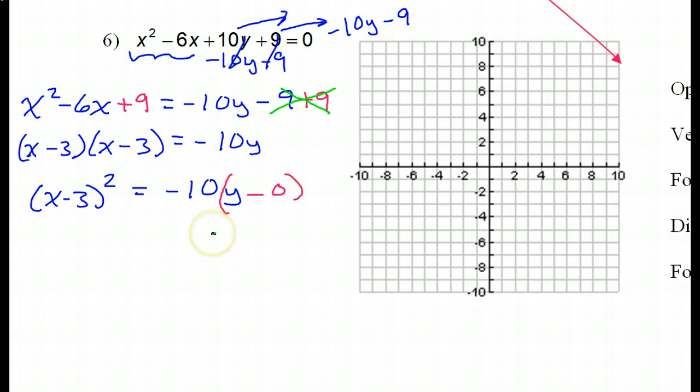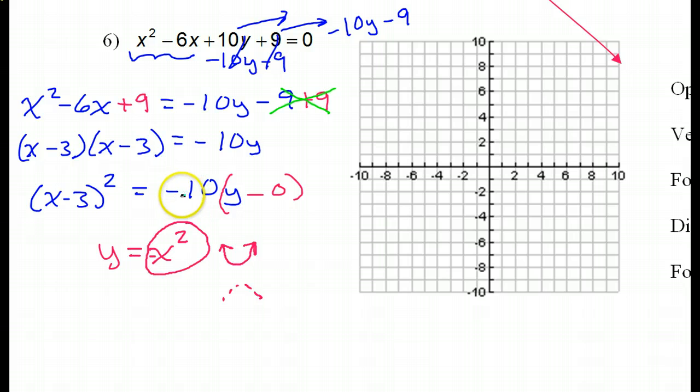But first, let's talk about whether this is going to open up, down, left, or right. The ordinary parabola that we first learned about was y equals x squared, an upward facing parabola. So anytime we see x squared, we're thinking it's either up or down. In this case, we have x squared, so it's going to be either up or down.